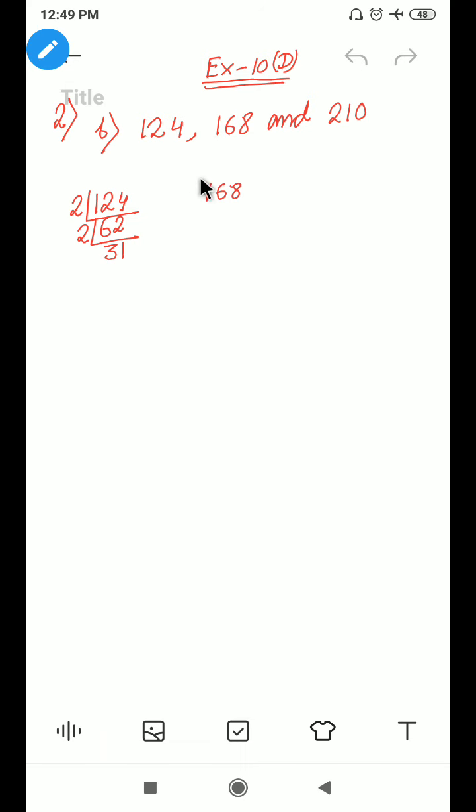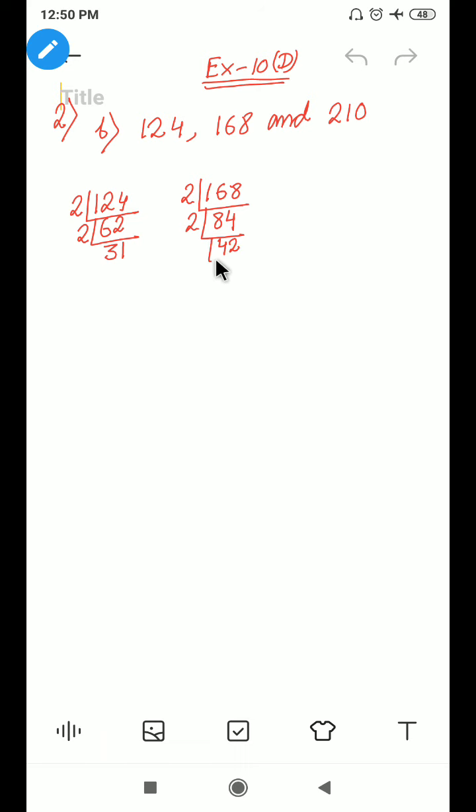Now again do the same way. 2 is the smallest prime divisor of 168. If you divide this number by 2, you will get 84. Again 2 is a divisor of 84, so dividing 84 by 2 you will get 42.